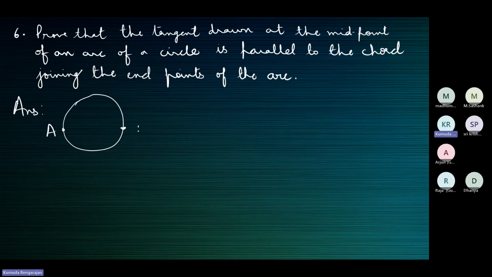Let AB be the arc of the circle with center O. C is the midpoint of the arc AB. That means arc AC is equal to arc BC, the length of arc AC is equal to the length of arc BC.